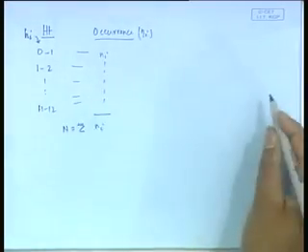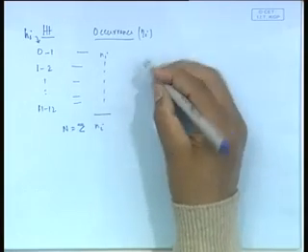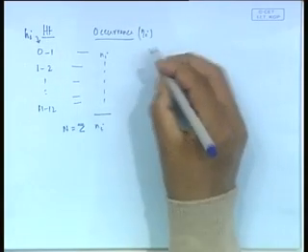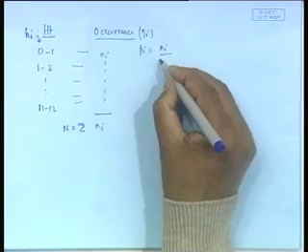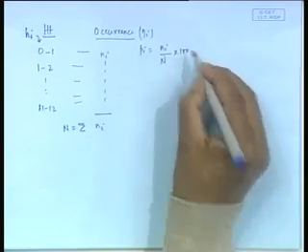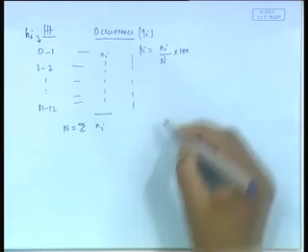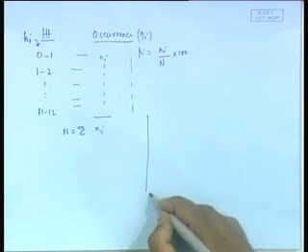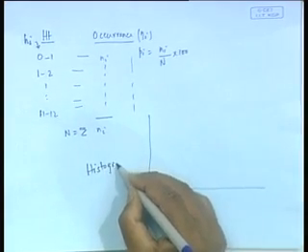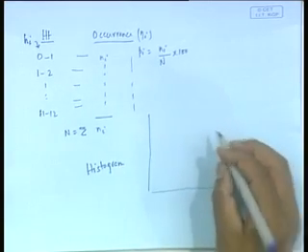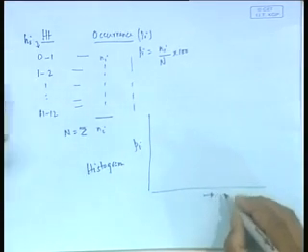Now, when you plot, obviously I can have here a percentage occurrence by simply defining Pi as Ni by N into 100. It is all simple, the percentage occurrence I can do if I want. So, I can actually have what is known as a histogram. I can plot Pi versus this Hi.